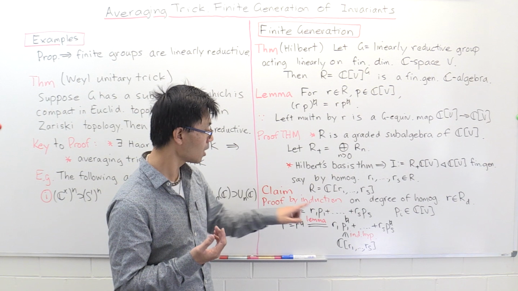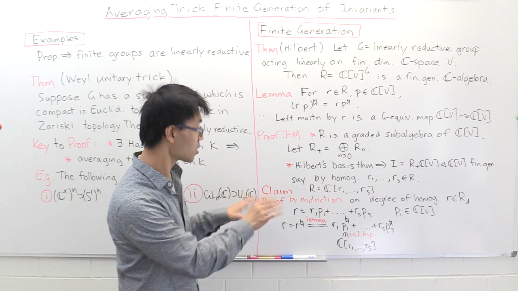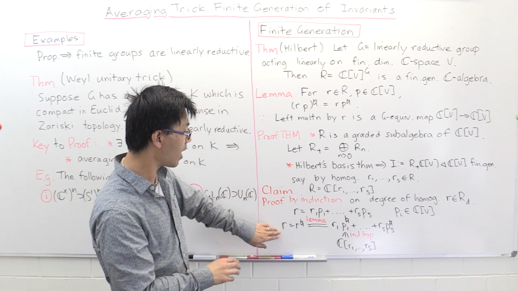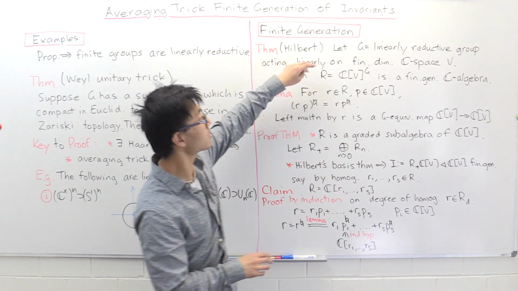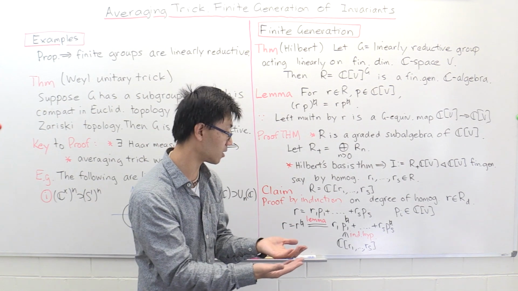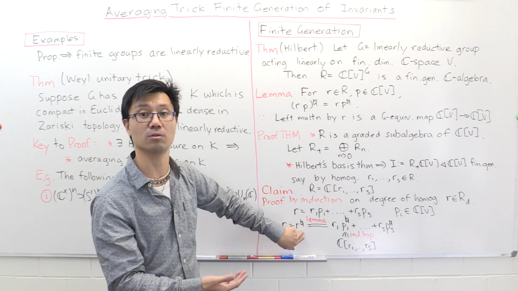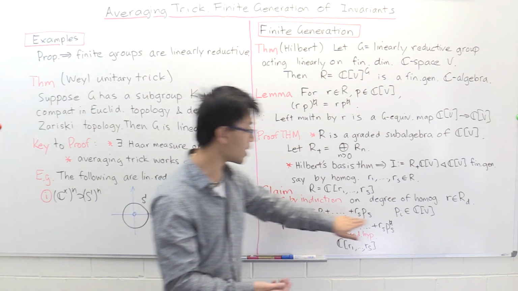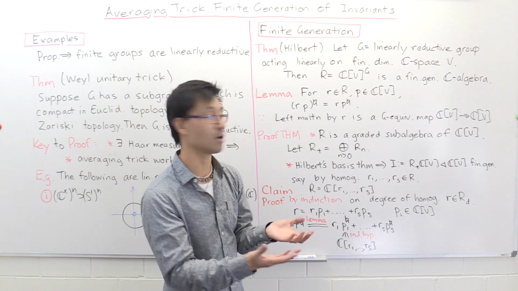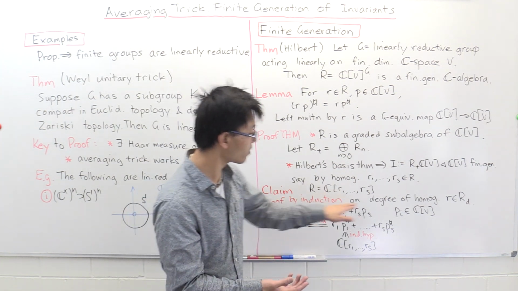Now this is where the Reynolds operator comes in and performs a real magic trick here. So R here is going to be fixed. And remember, the Reynolds operator is a projection onto the fixed point set, a projection onto the invariants. So R equals R natural. So what is R natural? Well, this natural is a linear operator, so you just have to take the Reynolds operator of each of these summands.